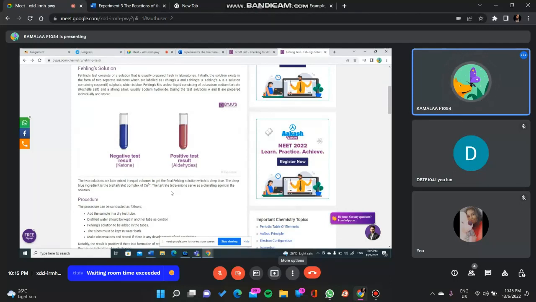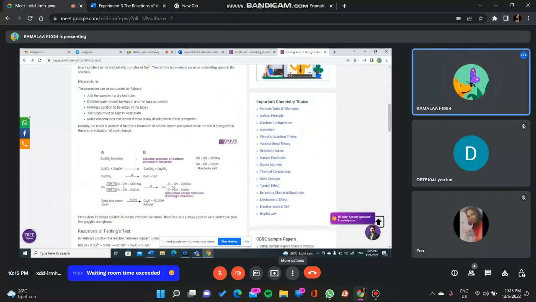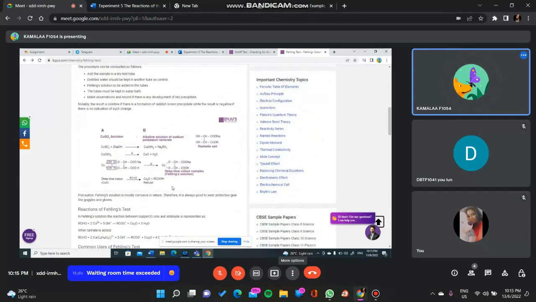The tartrate anions serve as a chelating agent in the solution. These are the equations. Fehling's solution is mostly corrosive in nature, therefore it is always good to wear protective equipment. This one is the safety precautions.